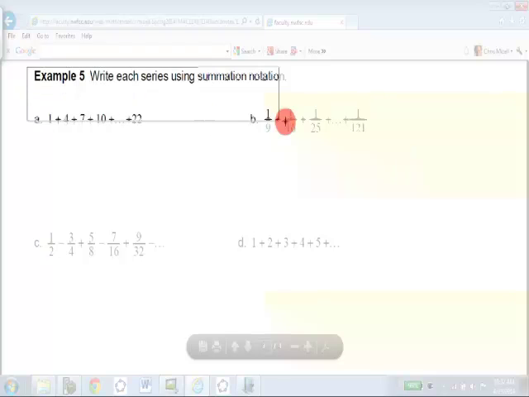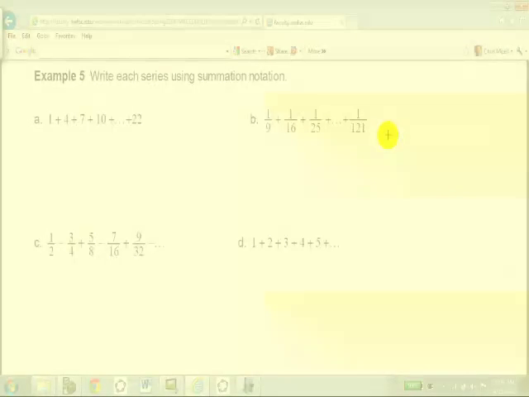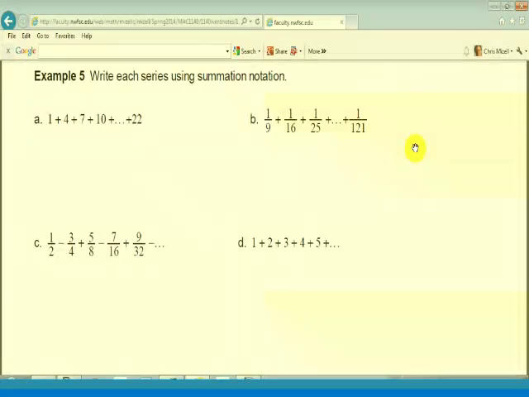The challenge sometimes in pattern recognition is to look at the terms that are given, find a pattern, come up with an expression which expresses each term as a function of some independent variable like i or n or j or k, and then figure out how many there are and write it using sigma notation.